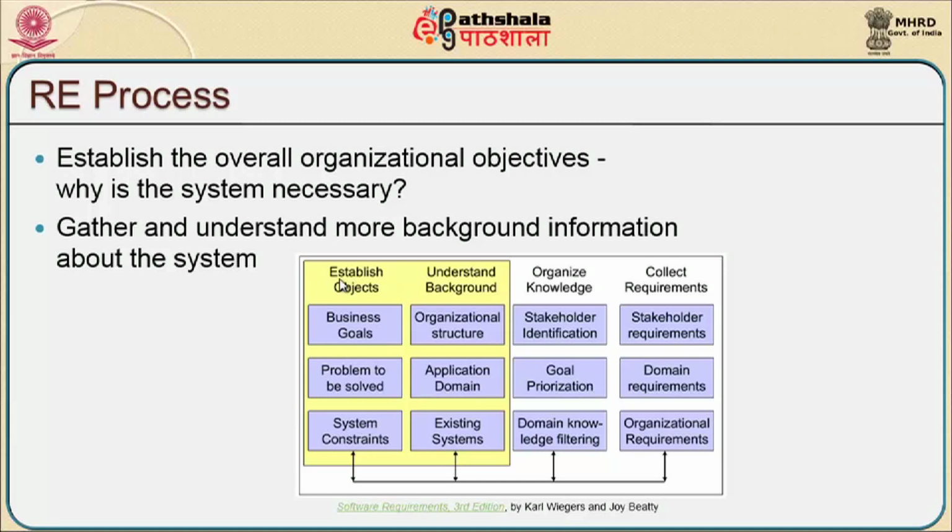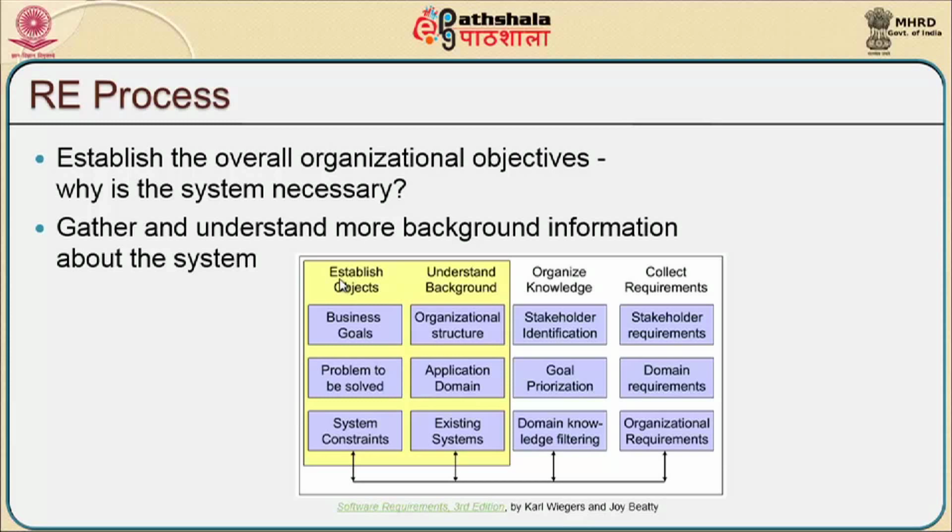The organization may have a top-down structure, a bottom-up structure, or a hybrid structure. In that case, what kind of system will suit this application software? So the organizational structure needs to be understood initially, then we look at the application domain with which the system has to be built, and some existing systems are also to be studied.